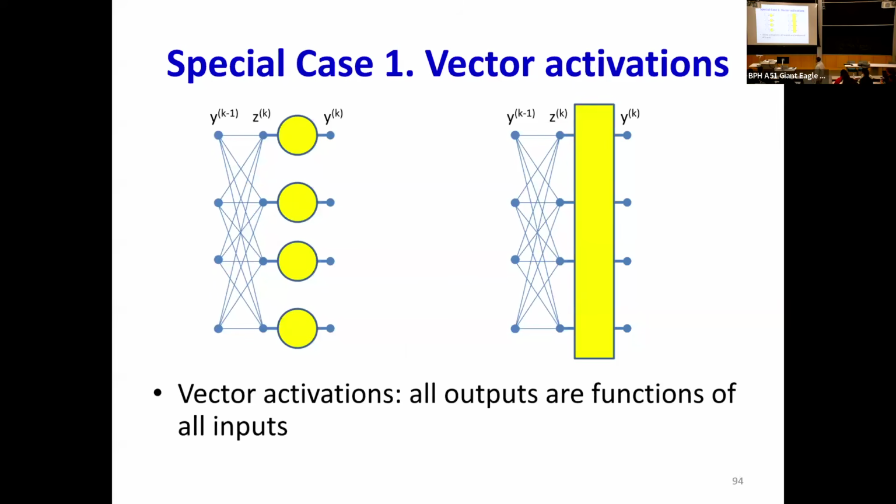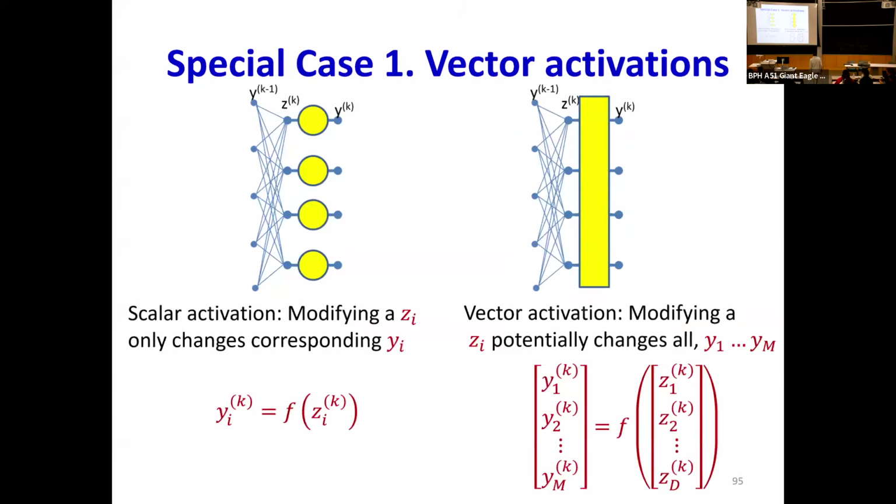And so in the first case, I can just think of each y as being a function of the corresponding z. In the second case, I want to say this entire column of y's, which I'm representing as a vector, is actually a function of the entire column of z's. And modifying any z can change any y. Does this make sense? Okay.